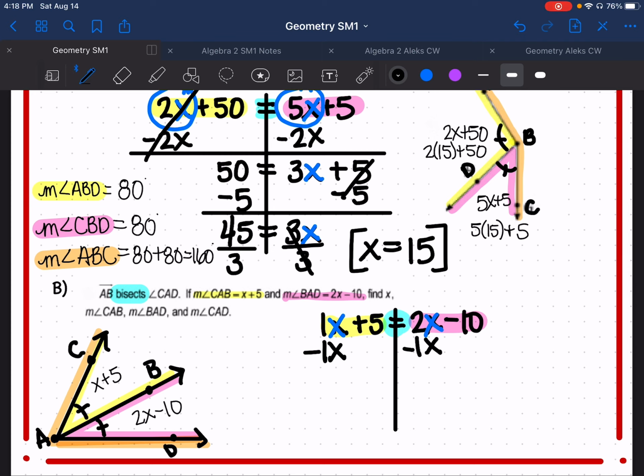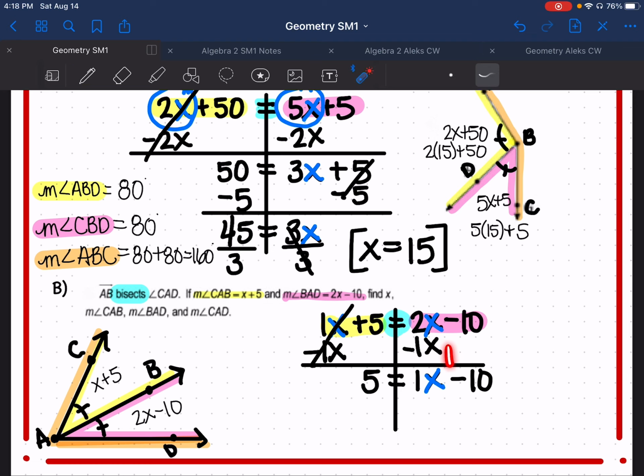And 2x minus 1x is 1x. Remember, the 1 can become invisible, so in the next step I'm just going to put x because the 1 doesn't have to be there.